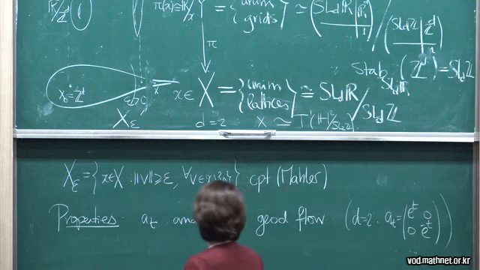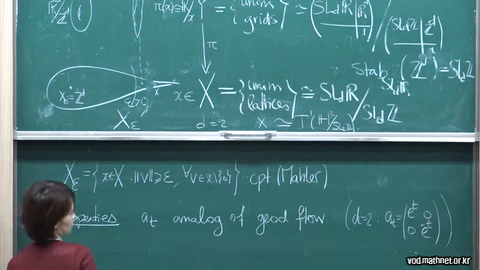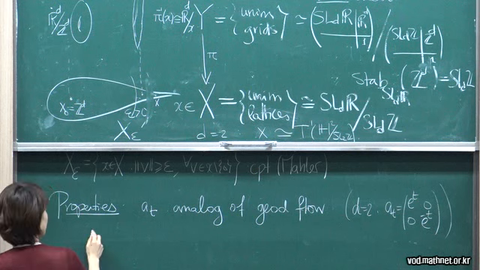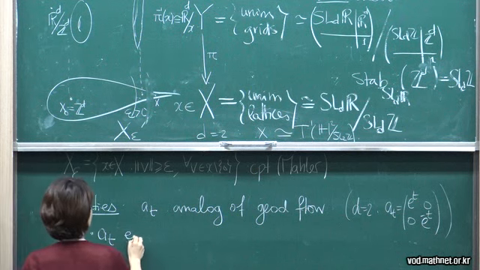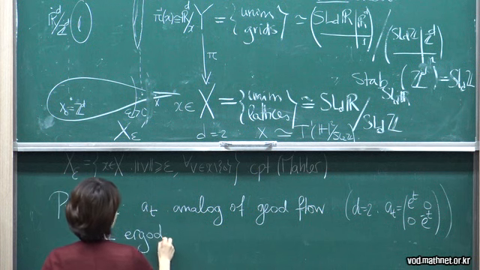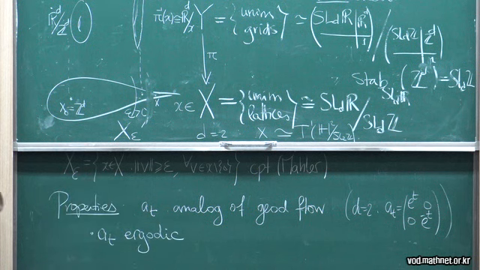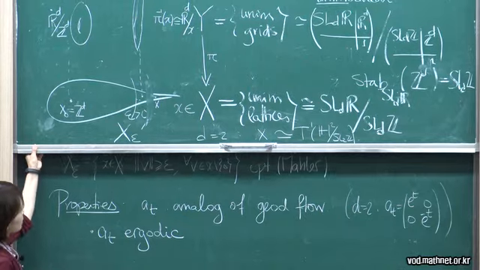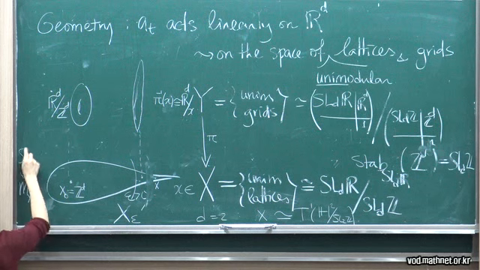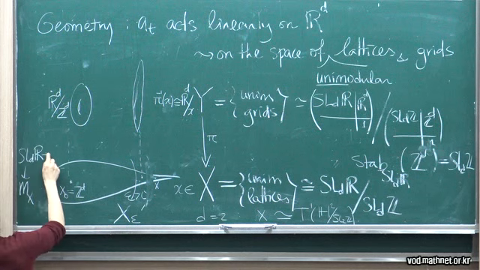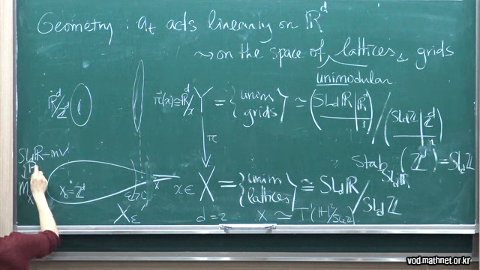And so, properties. Like the geodesic flow on a hyperbolic surface, this diagonal flow is ergodic. Oh, I should have said something about a measure. Actually here we have a very natural measure, which is the unique SL_d(R)-invariant Borel probability measure, which we often call Lebesgue measure.